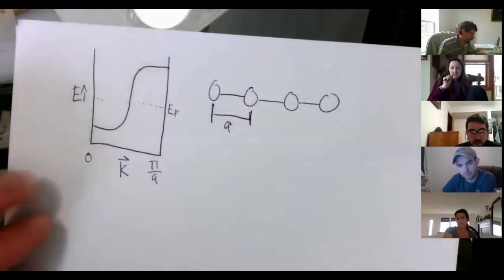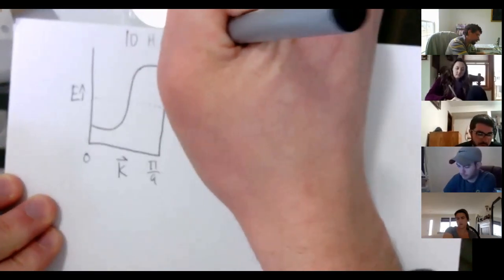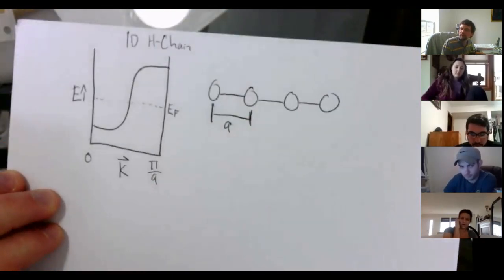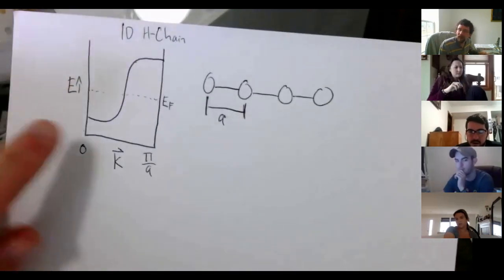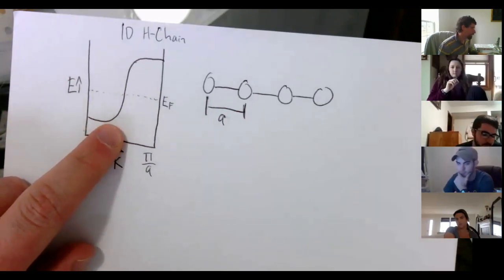Why is it in half for the 1D hydrogen chain? Why does the band come up halfway? Because that represents the energy of the first electron, right? Or the only electron. Yep. So there's only one electron in this system, and how many electrons can each band hold? Two. Perfect.